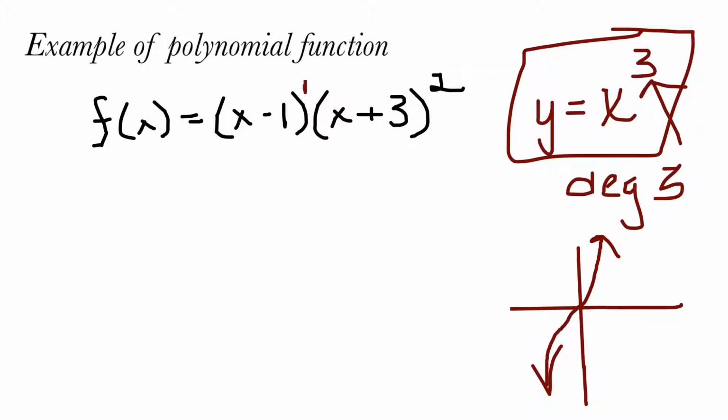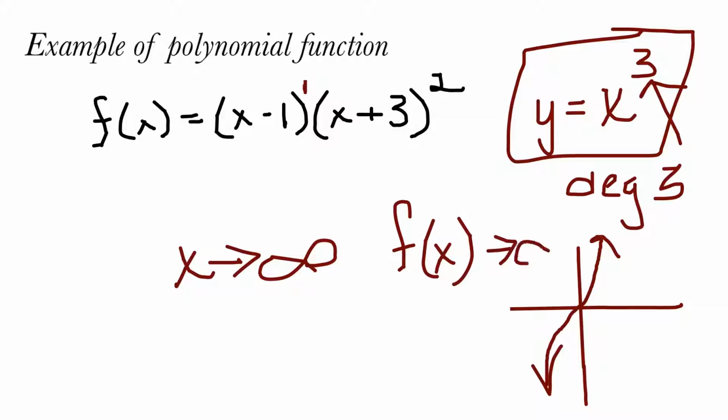As x goes to infinity, as x is getting larger and larger, what is the function doing? The function is going to infinity as well. So as x goes to infinity, f of x is also going to infinity.